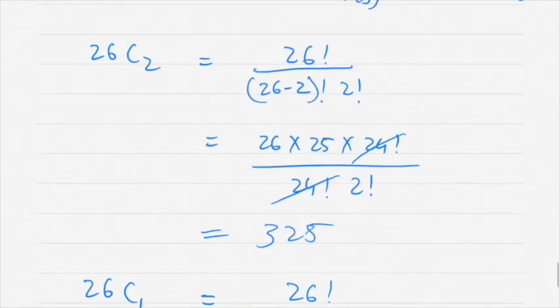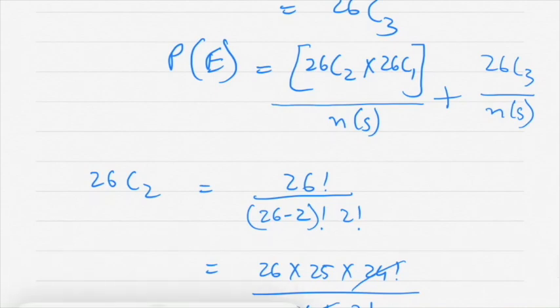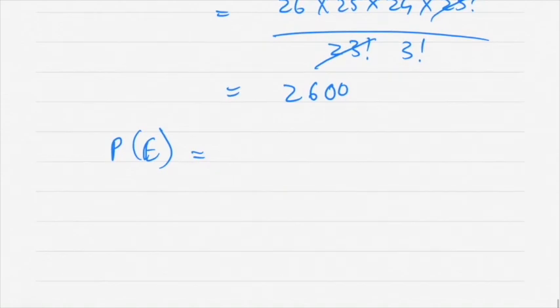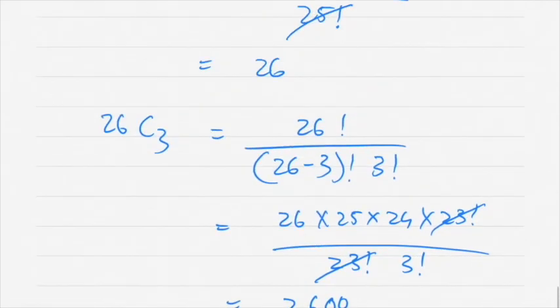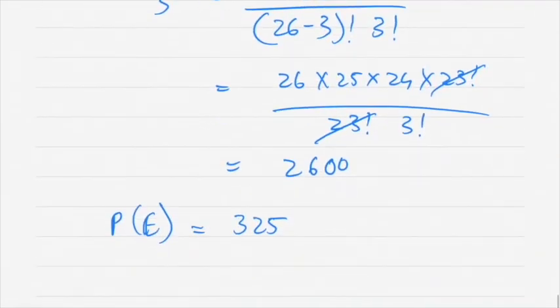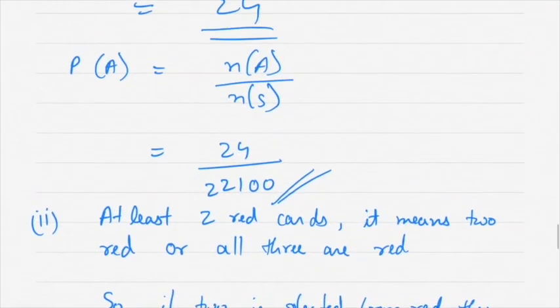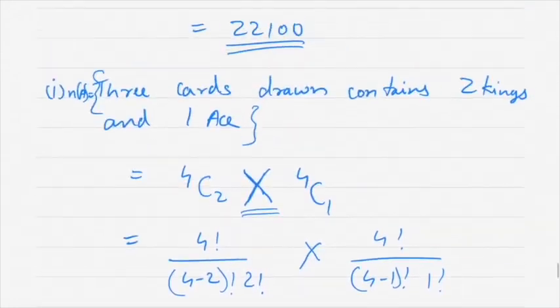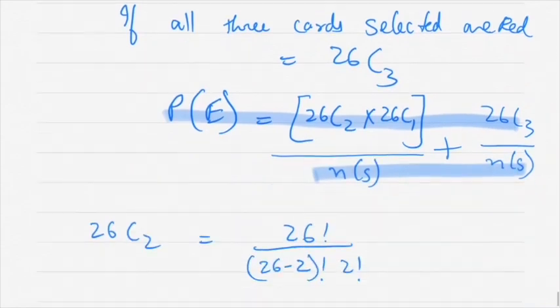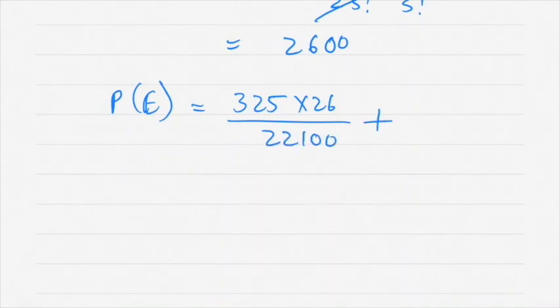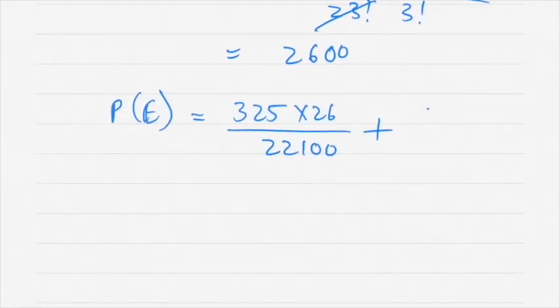P of E is equal to, as I have already written here, 26C2 is 325 multiplied by 26 divided by the sample space, which we calculated above, 22100, plus 2600 divided by 22100.